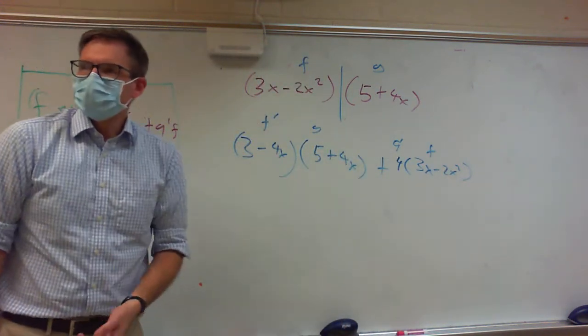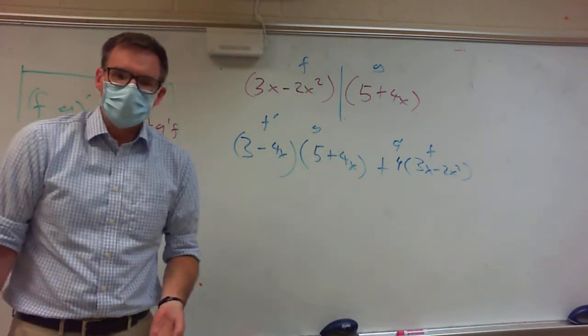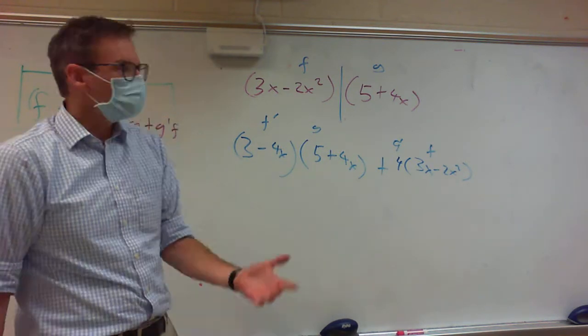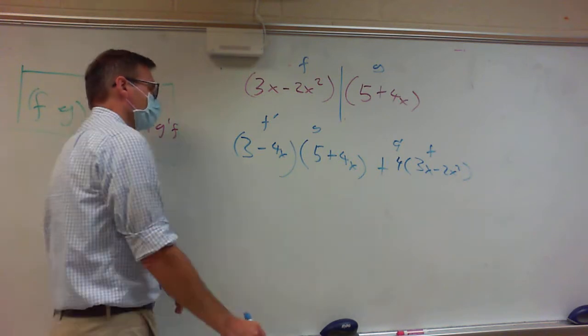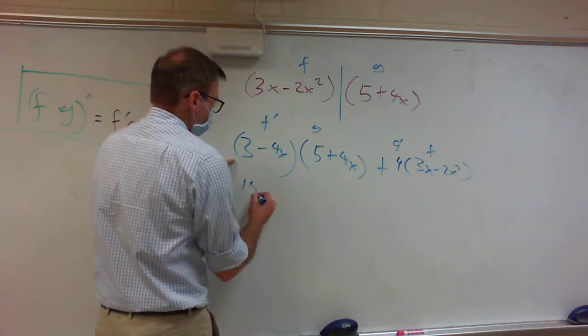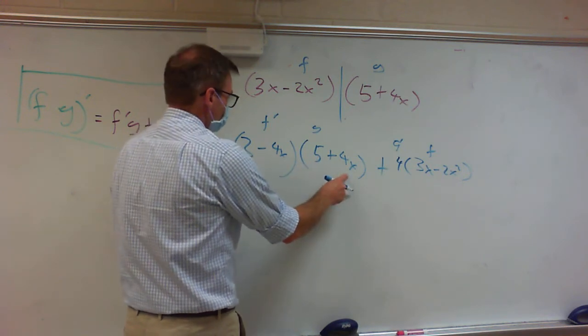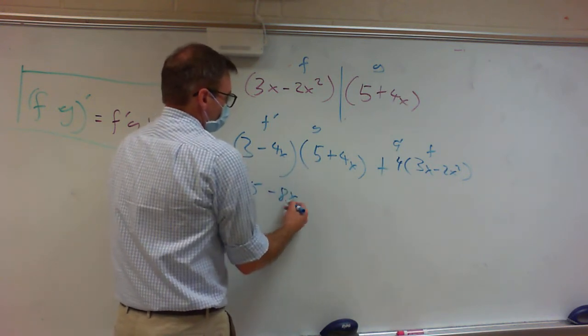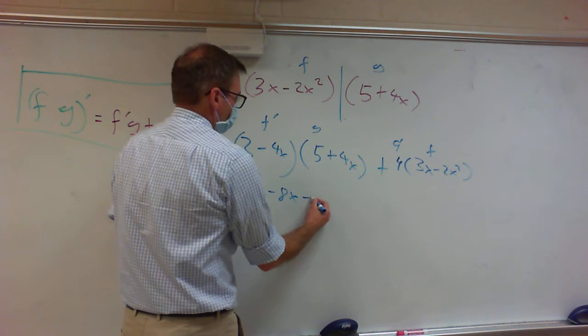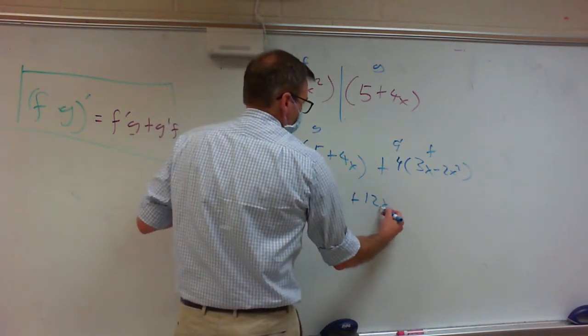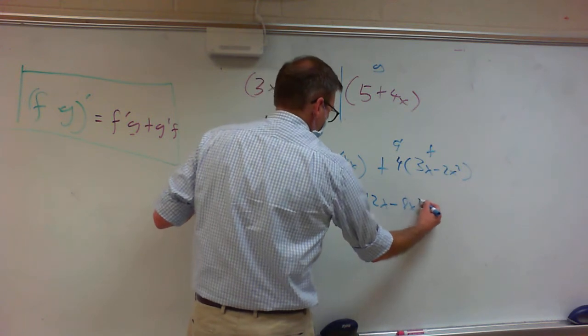And right now I look at this, and that does not look like the same answer I got on the warm-up. But we're not done. We've got to clean all this up. So when I clean it all up, I get 15 minus 20 plus 12 is minus 8x, minus 16x squared plus 12x minus 8x squared.